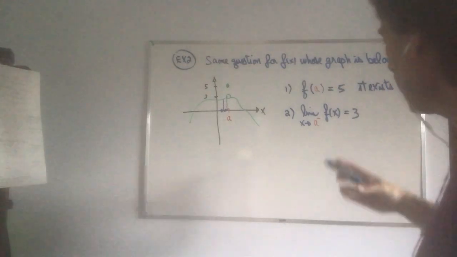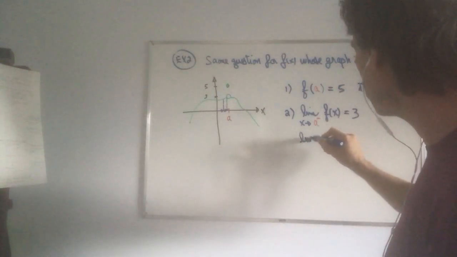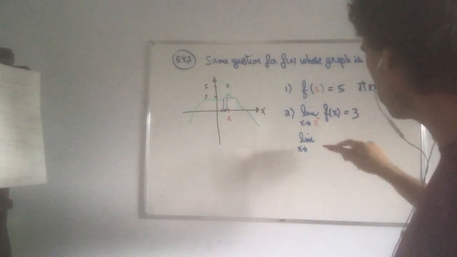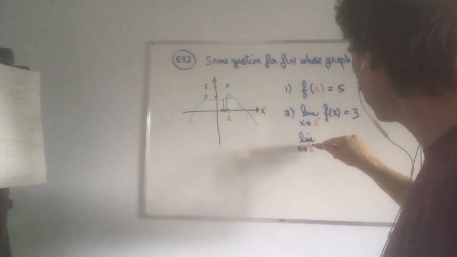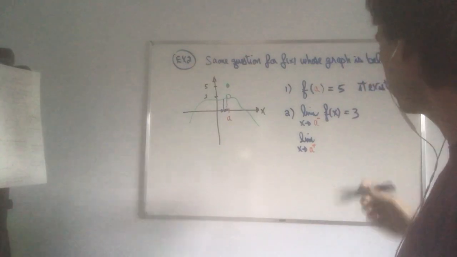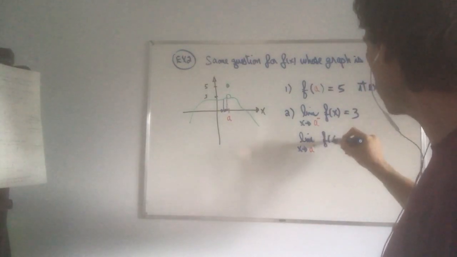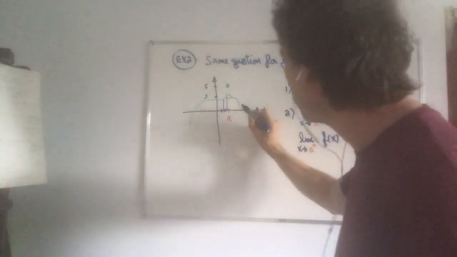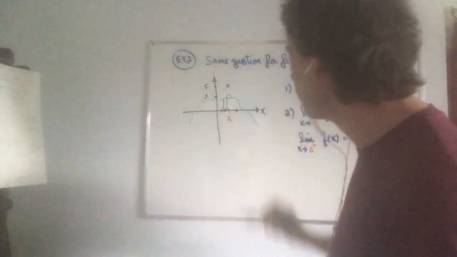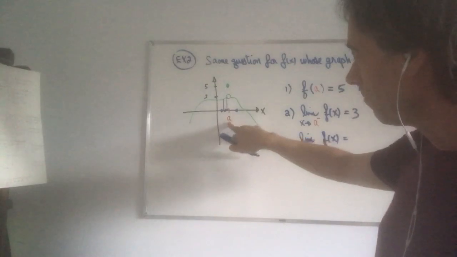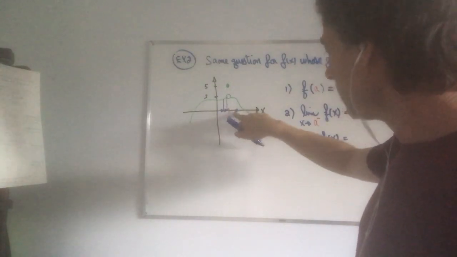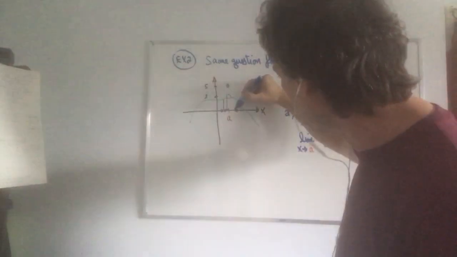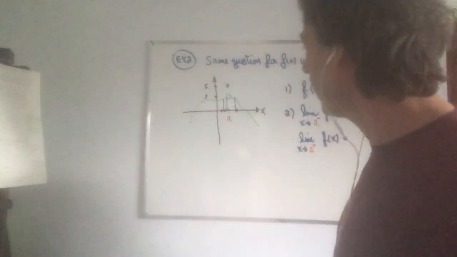Good. Let me approach the same graph of the same f of x, but this time from the right side. So a from the right side. Let's investigate that as well. It's a little bit of review of graphical limits, huh? Let me be on the right side of my target. My target, of course, is a. I am here, relatively close to a, on the right side of a. Where's the graph? Right here.